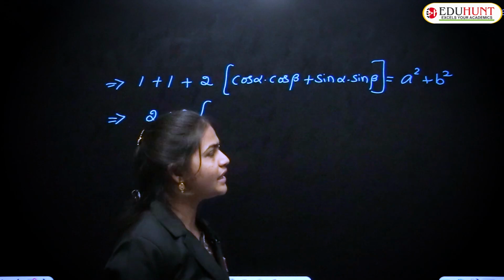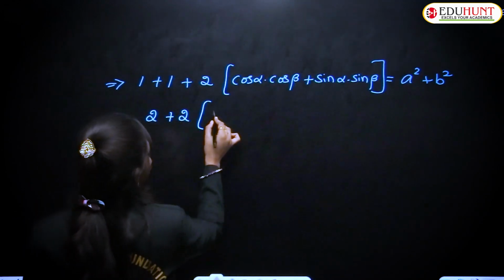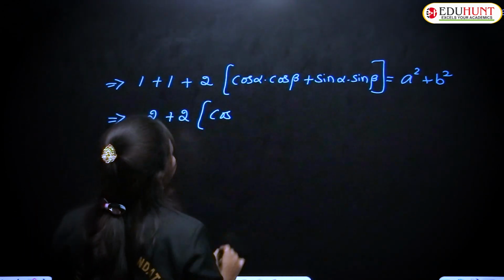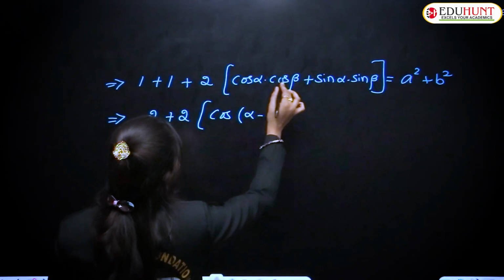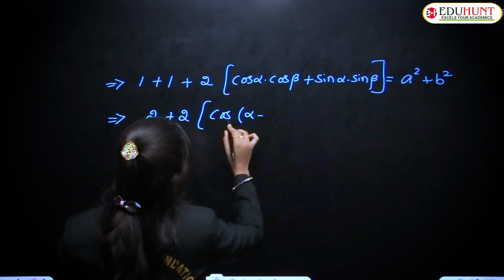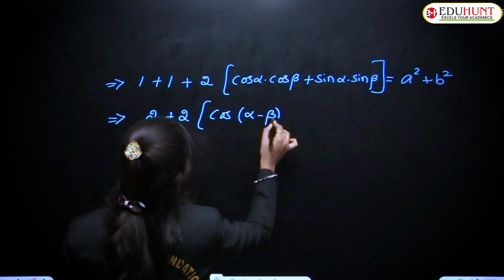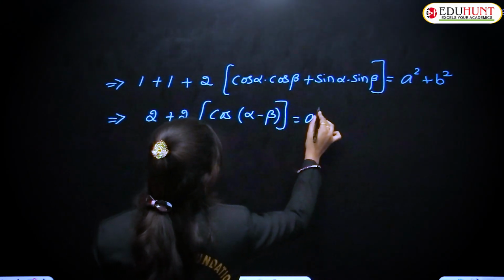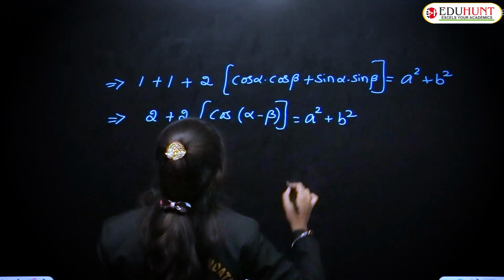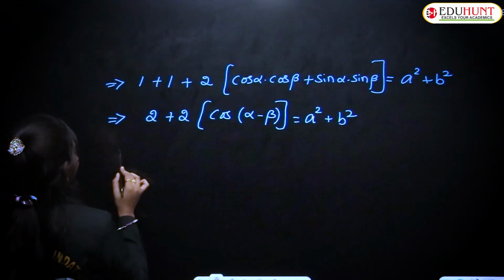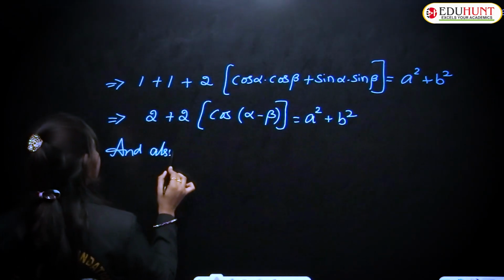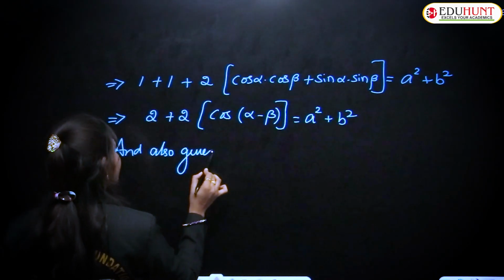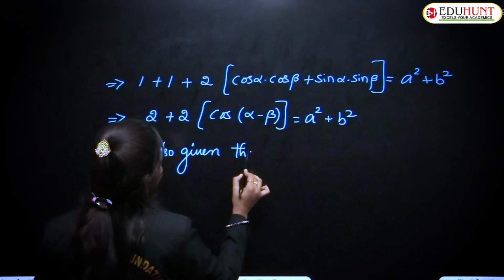This is the formula of cos (A minus B). The cos (A minus B) formula is cos A cos B plus sin A sin B. So cos of (alpha minus beta) is equal to A square plus B square. And children, they also gave a condition.